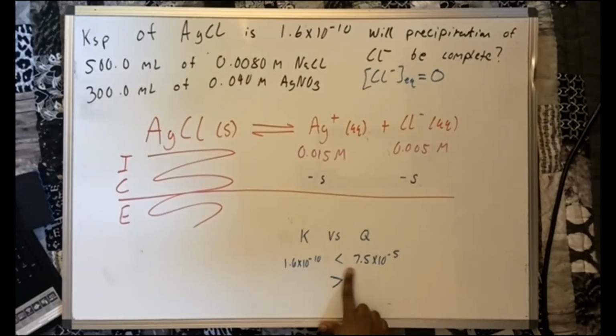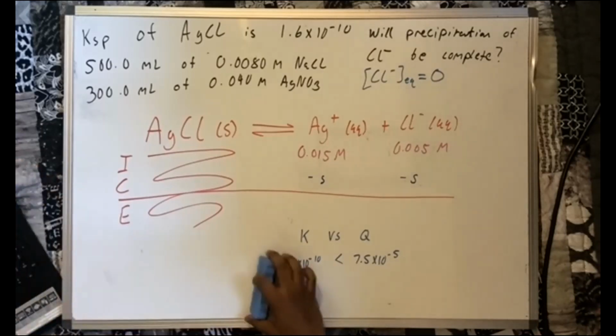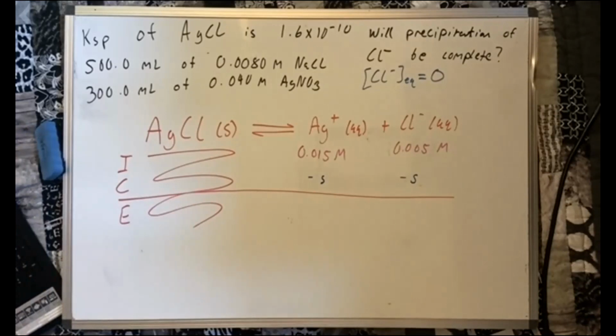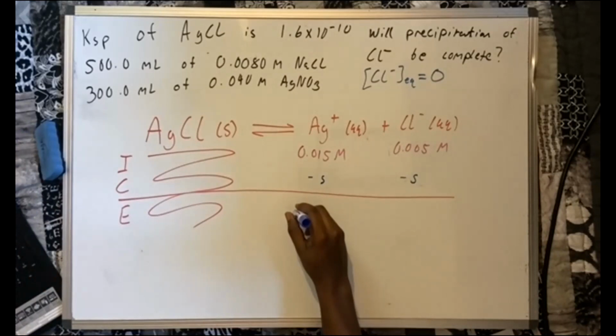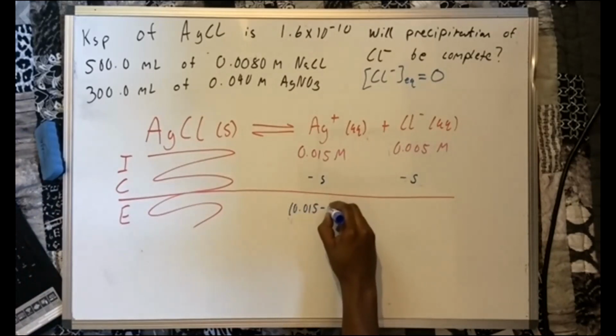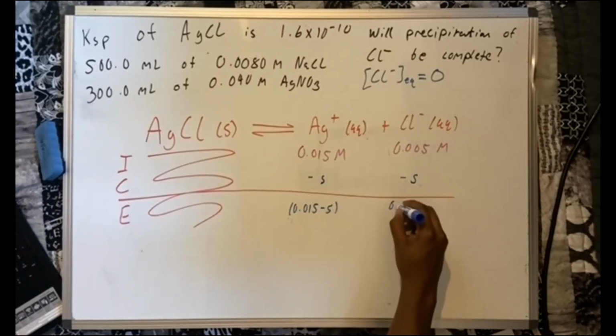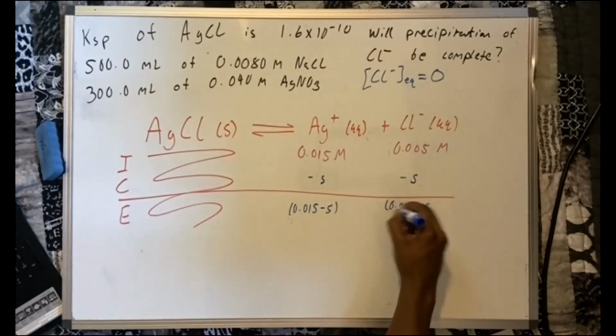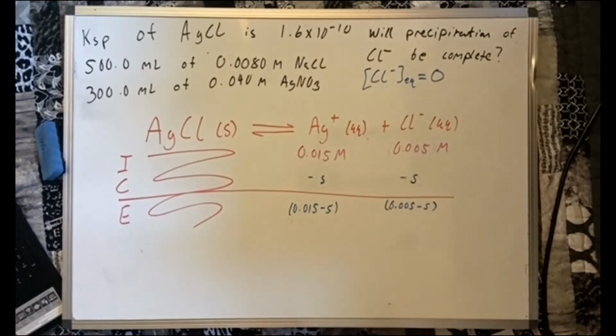Right. Okay. Get rid of this. Right. We do our, so I get 0.015 minus S, and then 0.005 minus S. Okay.